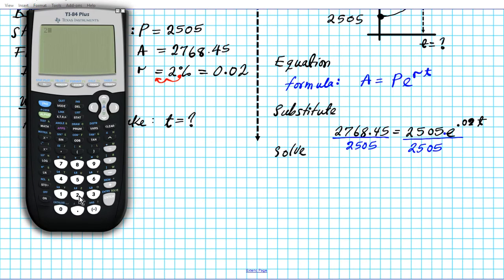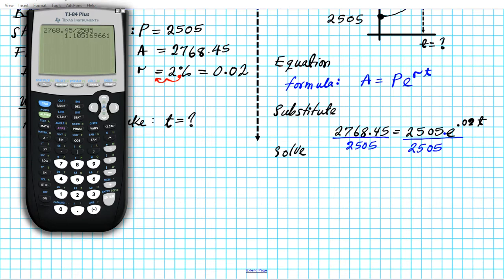So we have 2768.45 divided by 2505. Enter. That gives us 1.1051. Okay, or 1.1052 if we're writing it to 4 decimal places.